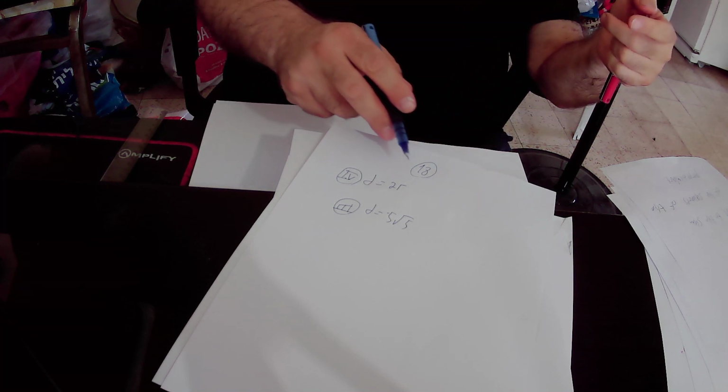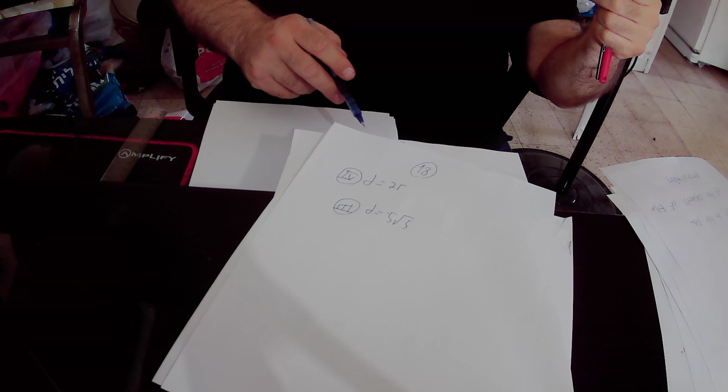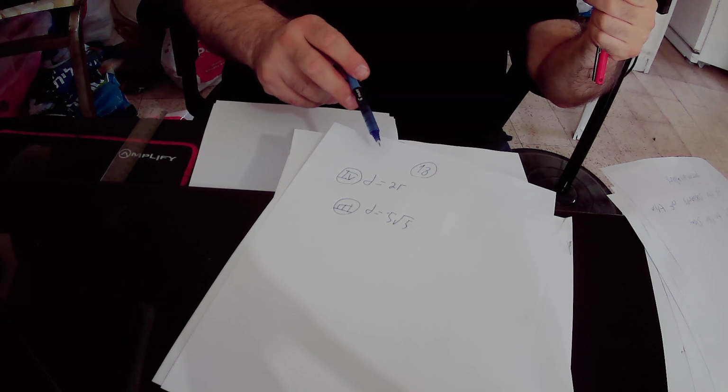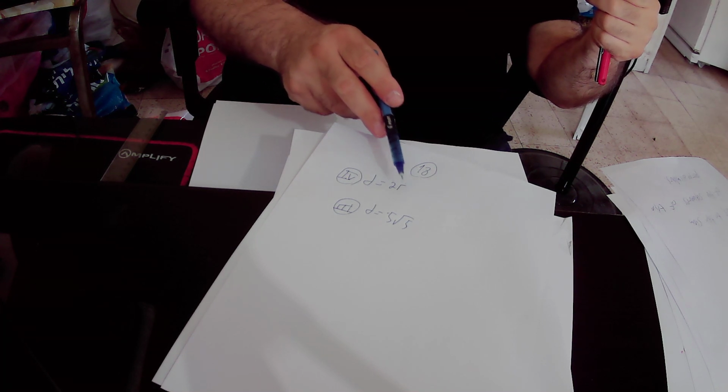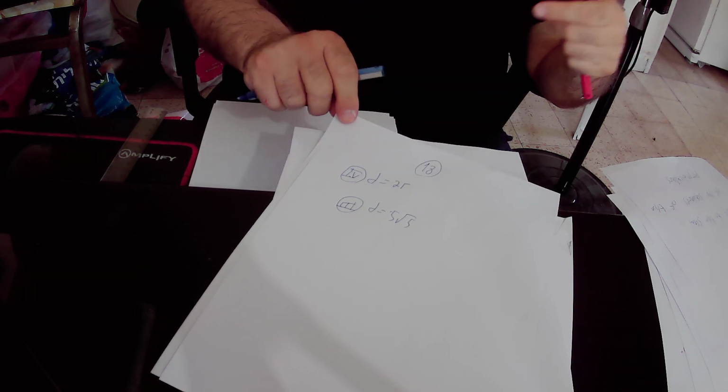We got that D equals 5 times root 5, so we can substitute D by 5 times root 5.